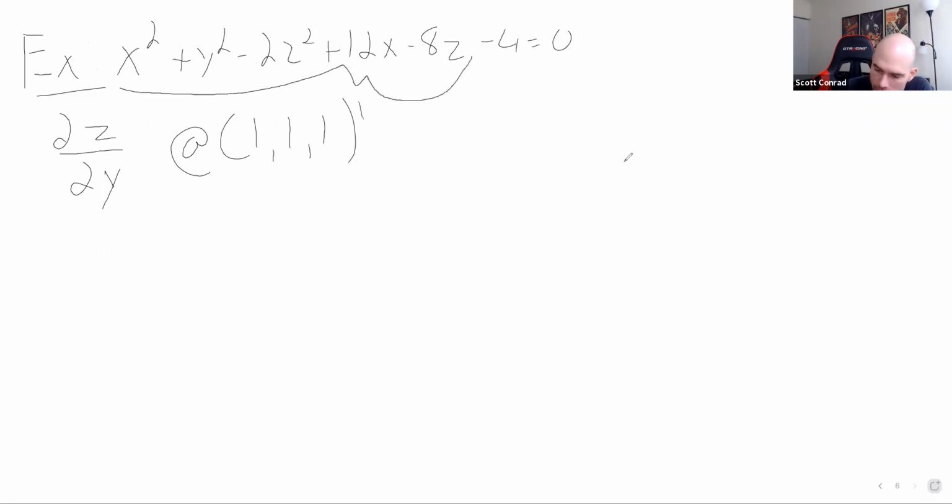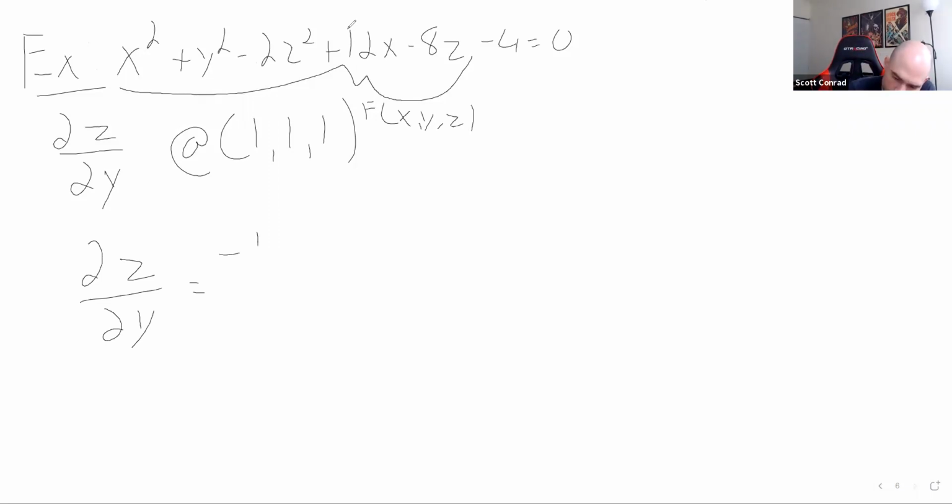So this whole thing is going to be our f of x, y, z, our big F. And so we have our formula for the partial of z with respect to y. It's going to be flip y and z and negate.